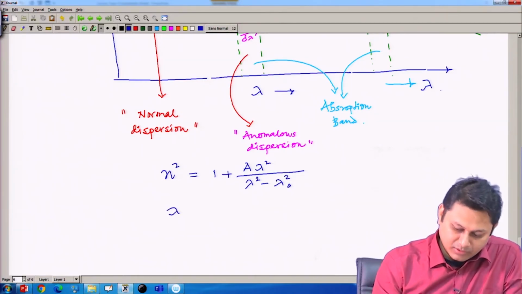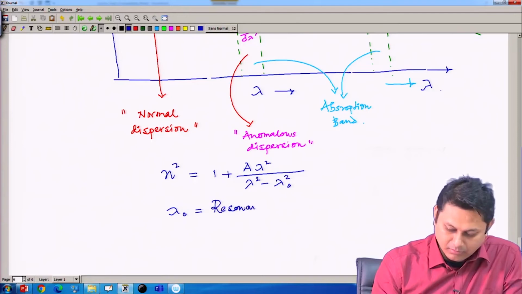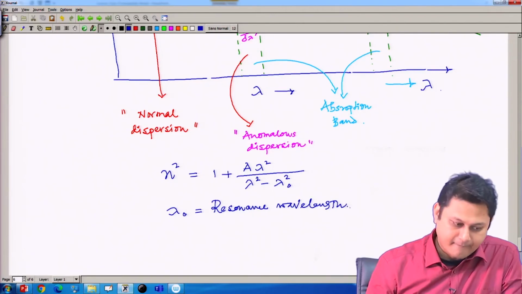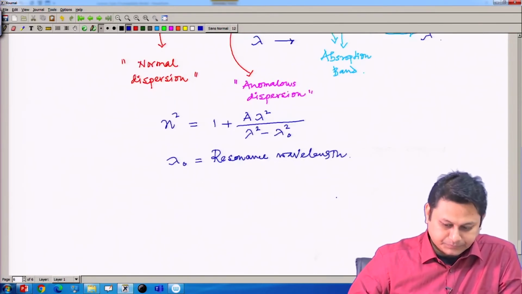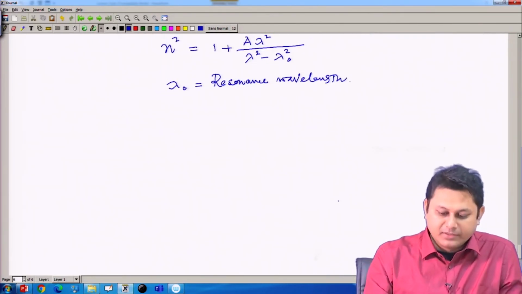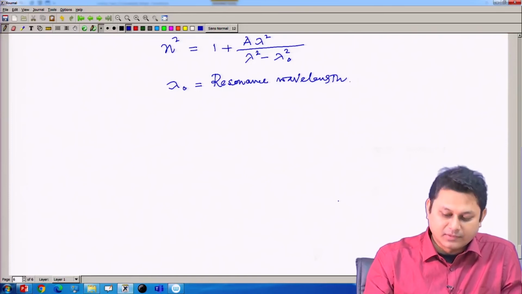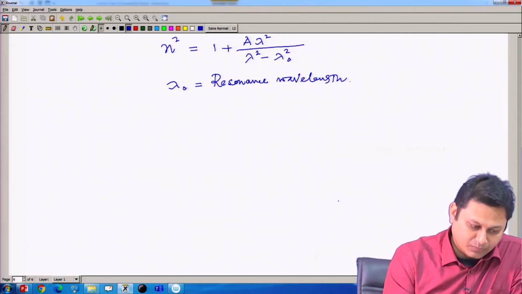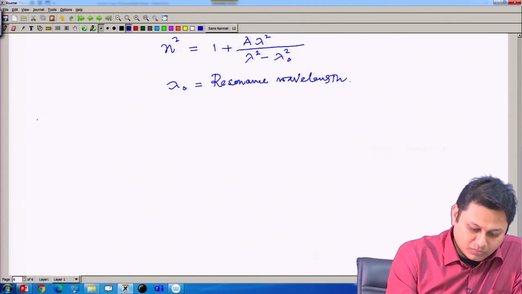Lambda 0 here is a resonance wavelength. Now, what happens to the light wave when it is propagating in the normal or anomalous dispersion regime, that we need to understand now. So, what happens is interesting.